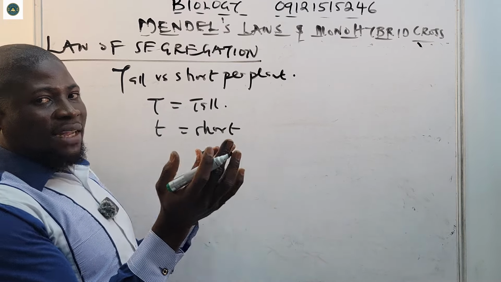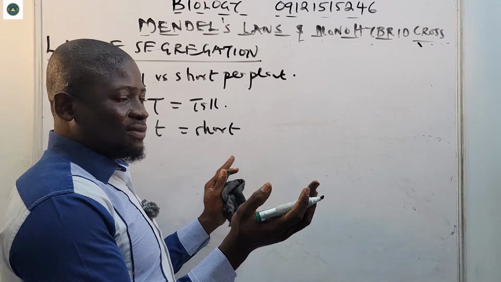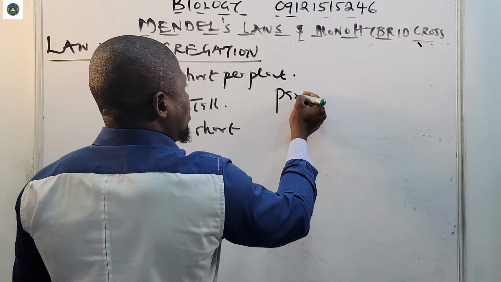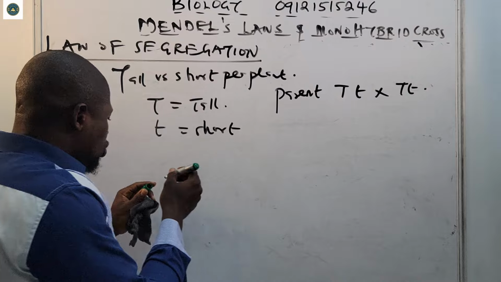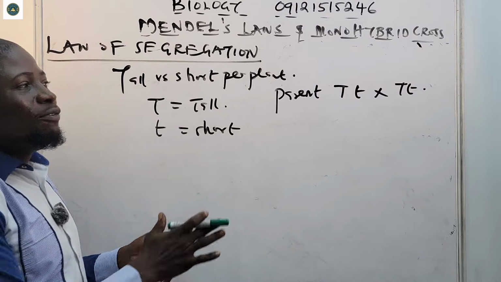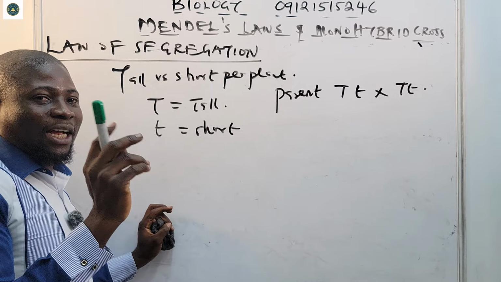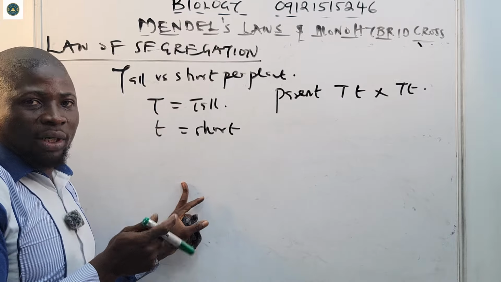After the first filial generation, the parents became Tt times Tt. Each parent will give one allele out. Each parent cannot give 2.